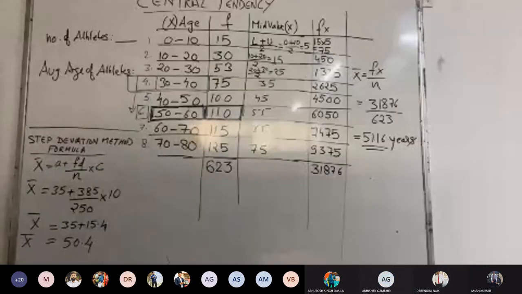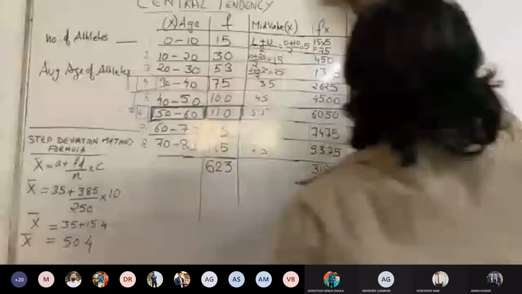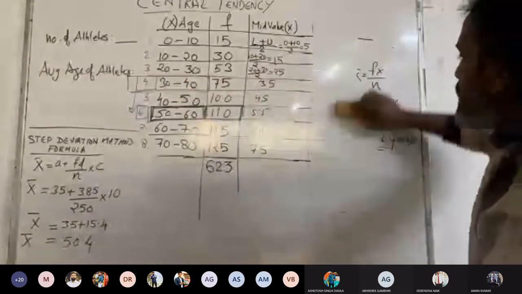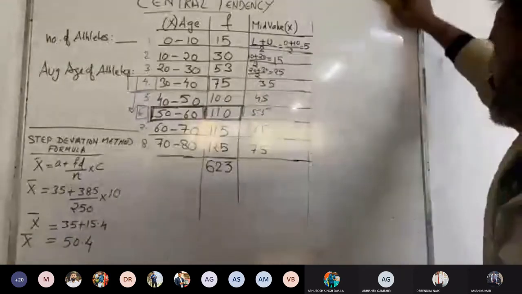I'm just rubbing off one part of it. Now, what I want is that you do the same calculation using the step deviation method.